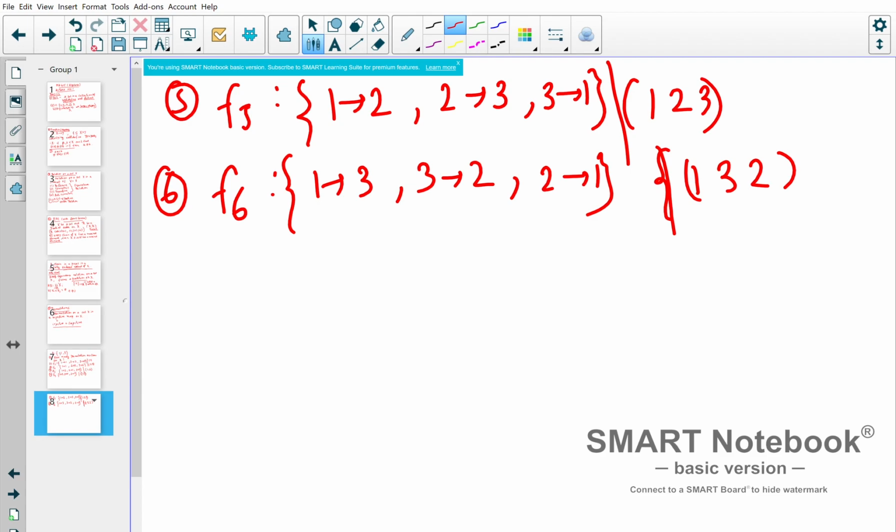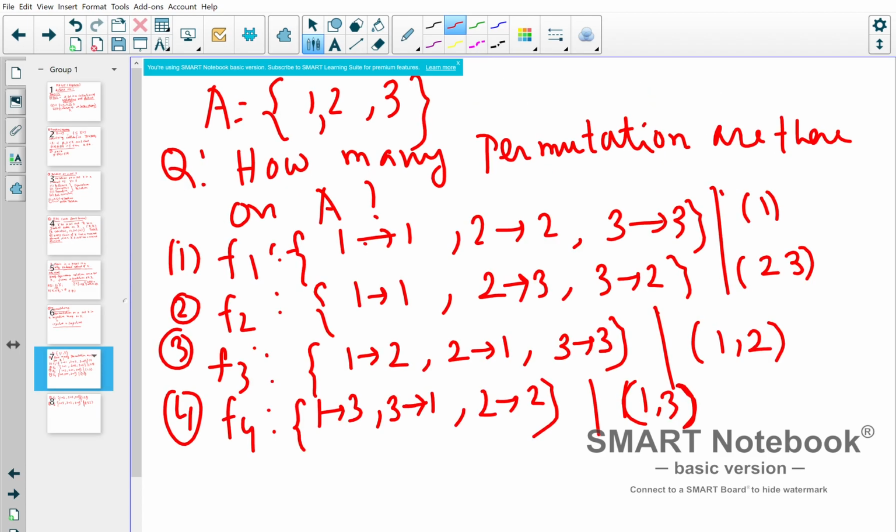And there is something called a permutation group. I will come to that after defining what a group is, and we will see that this collection of permutations forms a group under composition. That will come later. The permutations with these two elements are actually called transpositions.